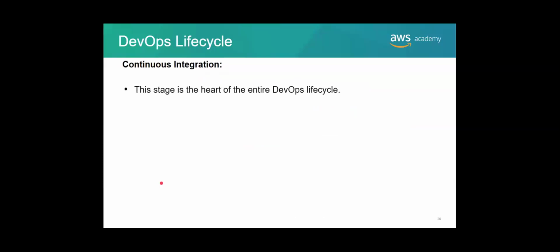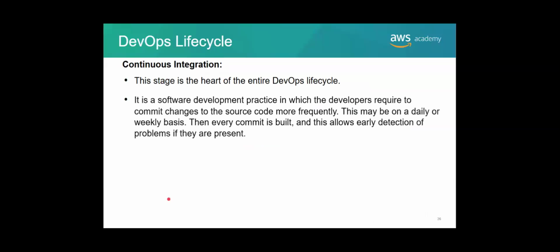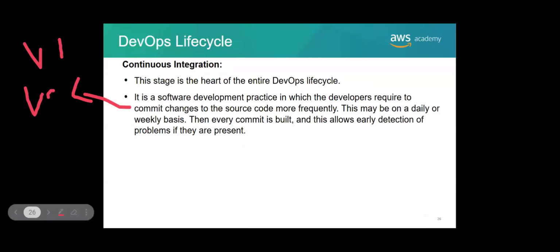Next one, continuous integration is the heart of the entire development life cycle, because we are going to join DevOps, that is your development team and the operation team, together. Here the developers will commit changes. You are doing some changes to the code, previously v1, now it will become v2.